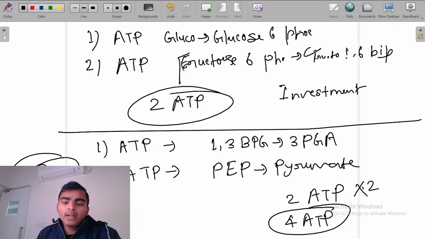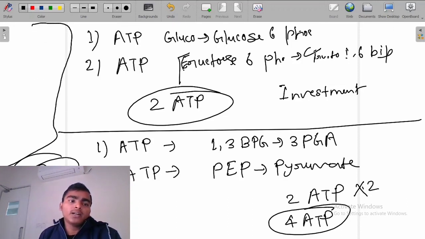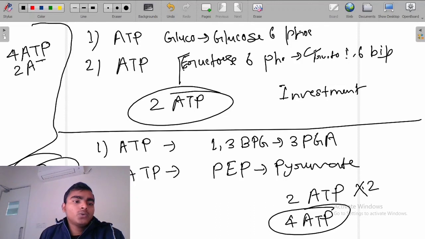So how many ATPs are we actually gaining from the glycolysis of 1 glucose molecule? 4 ATP we got from 1 glucose molecule, and the total investment was 2 ATP. So we have gained a total of 2 ATP molecules.